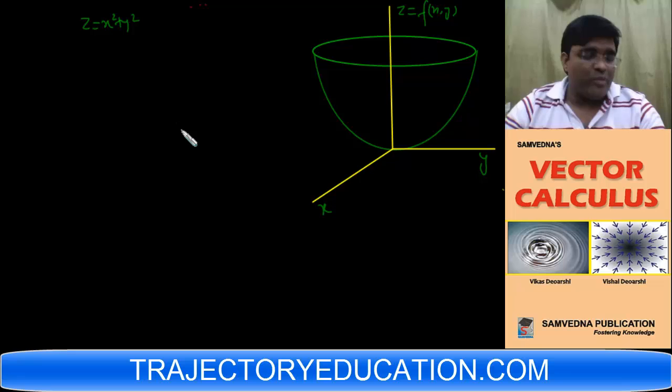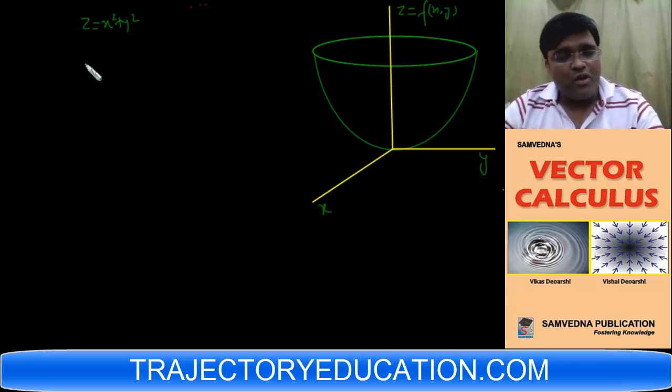The domain of such a function is the whole xy plane. The x and y are independent variables. Z is a dependent variable, a function of x and y. We are plotting the function on the z axis. So for this function, the whole xy plane is the domain.